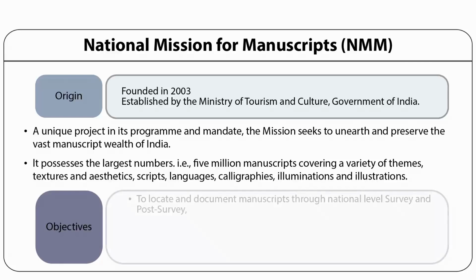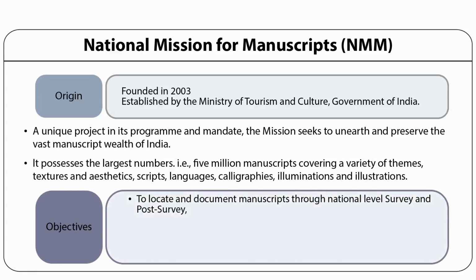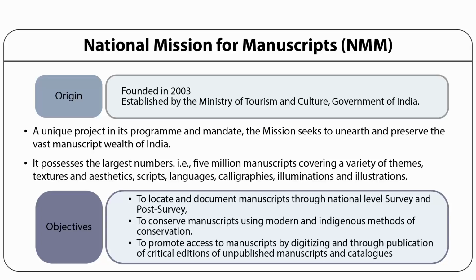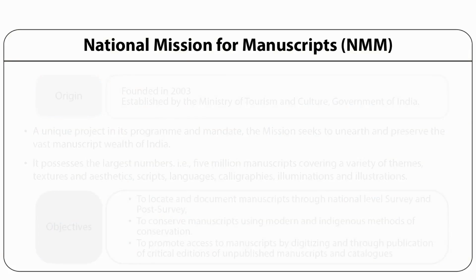Its major objectives are to locate and document manuscripts through national level survey and post survey, to conserve manuscripts using modern and indigenous methods of conservation, and to promote access to manuscripts by digitizing and through publication of critical editions of unpublished manuscripts and catalogs.